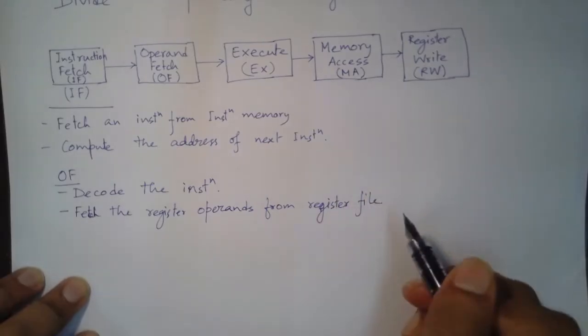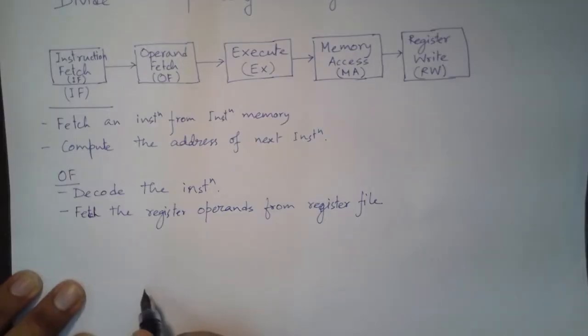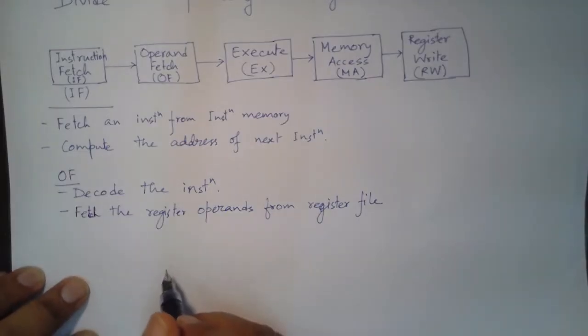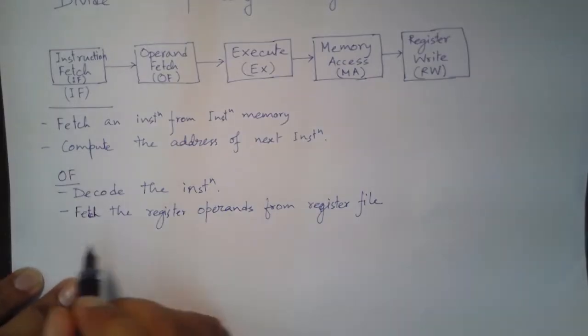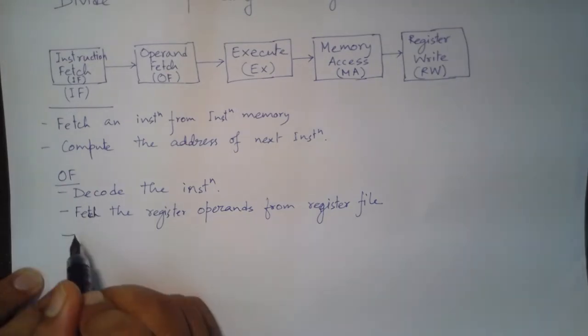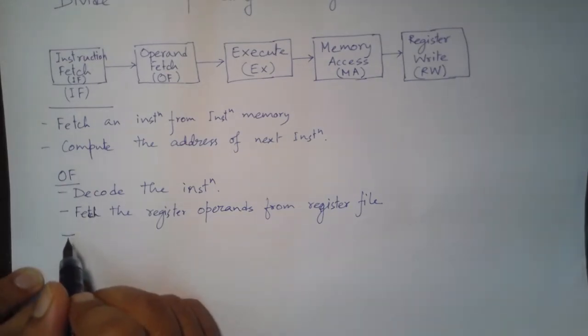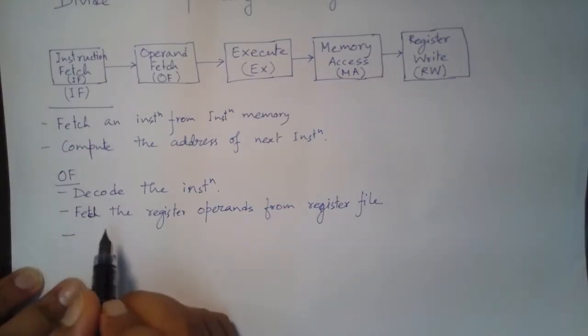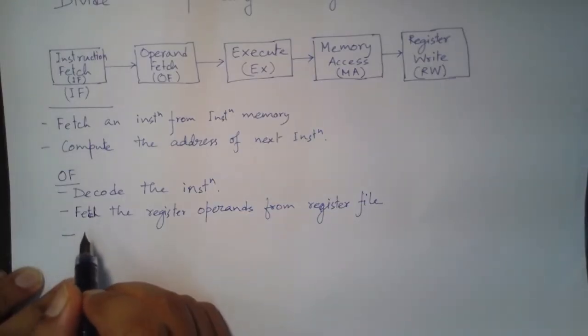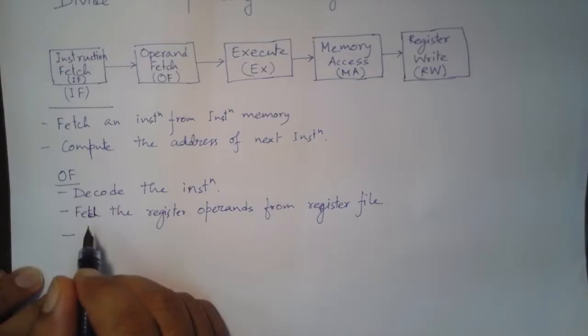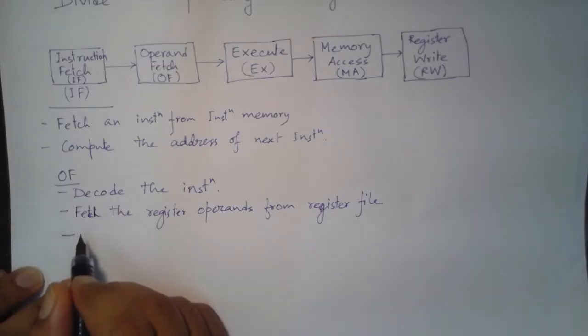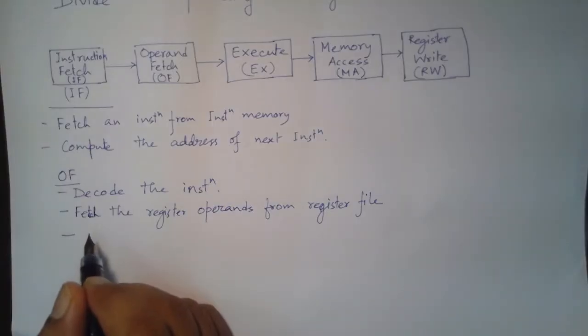In simple RISC, the register file contains 16 registers. Now, in this OF stage, you also need to do a few more things. You might need to compute the branch target if there is a branch instruction. For example, let us say there is an unconditional jump instruction. In that case you will be given a branch to a particular offset value.